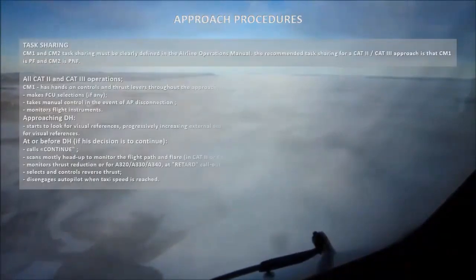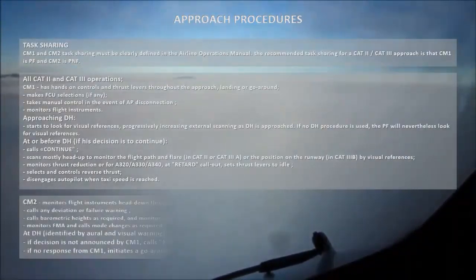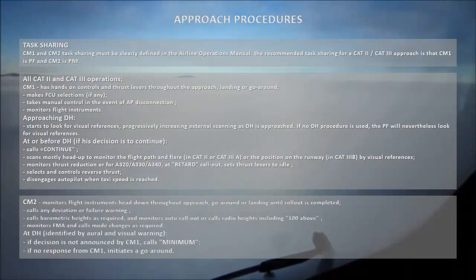Approach procedures. Task sharing: CM1 and CM2 task sharing must be clearly defined in the Airline Operations Manual. The recommended task sharing for a CAT-2, CAT-3 approach is that CM1 is pilot flying and CM2 is pilot non-flying.